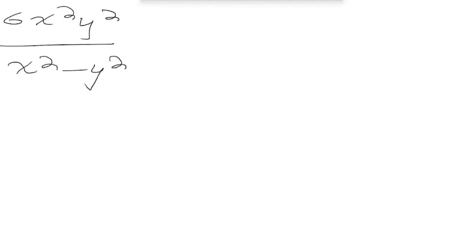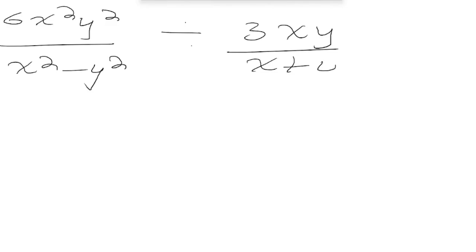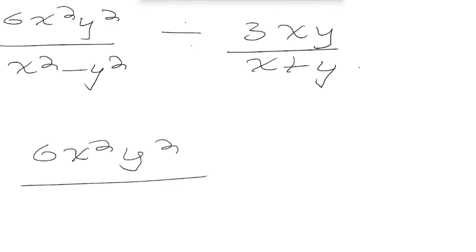Here we have 6x square y square divided by x square minus y square divided by 3xy over x plus y. First, 6x square y square will be just written as 6x square y square, and x square minus y square results in x plus y and x minus y.